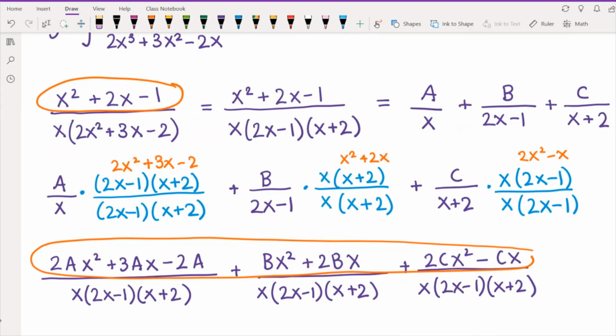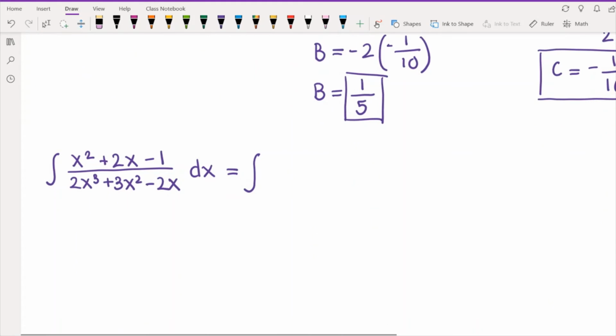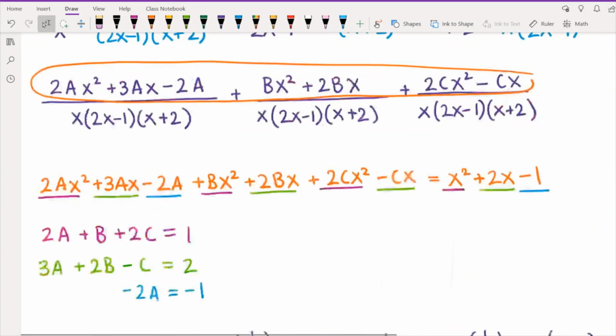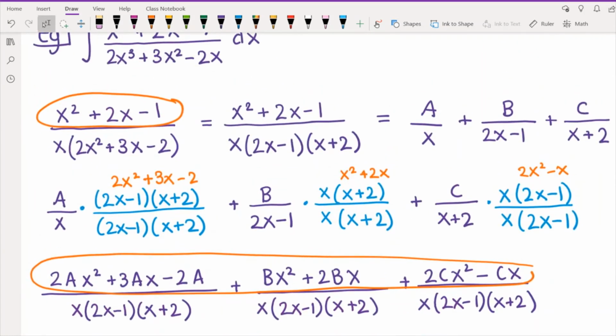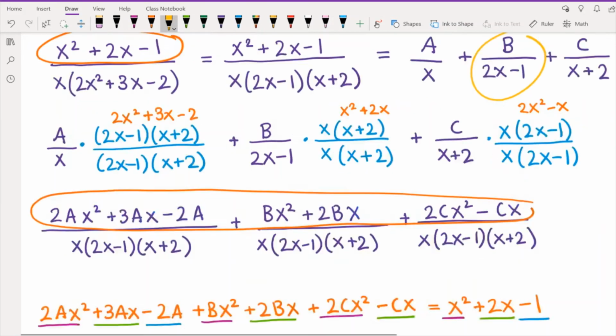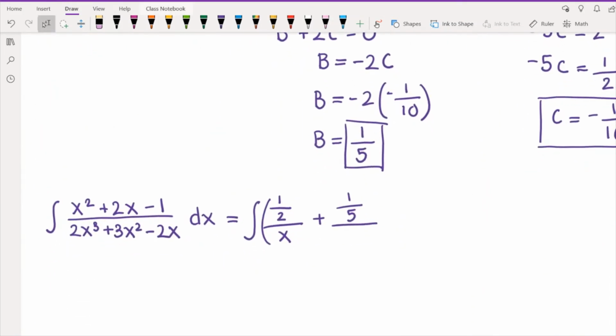So our first thing is going to be 1/2 over x. And then our next part was b, so b was 1/5. And if we look back, that was the numerator that goes with 2x minus 1. So we have 1/5 over 2x minus 1. And then our third one was negative 1/10 over, and so the remaining denominator was x plus 2.